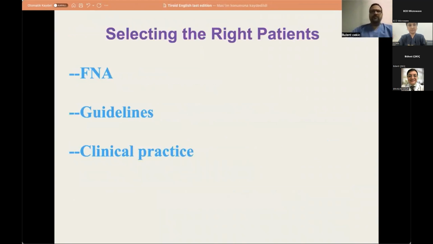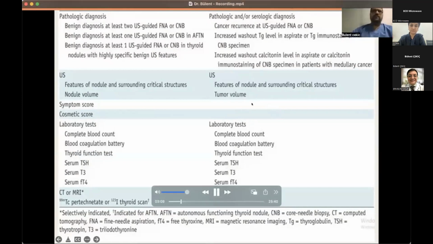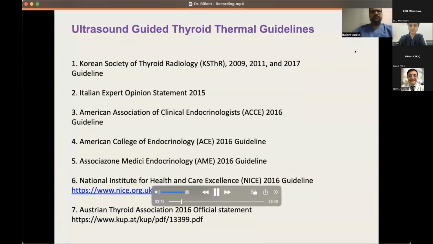Selecting the right patients for thyroid thermal ablation. In every patient, if we need thermal ablation for benign thyroid nodules, we need a biopsy in the last 2 months. In some guidelines, they offer 2 biopsies, but I think in clinical practice, 1 thyroid biopsy is enough.